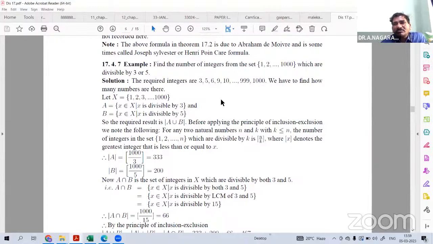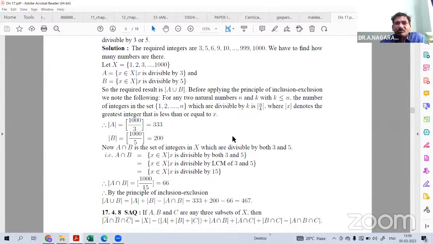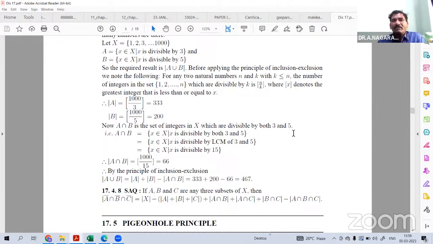So here X equals the set of elements of 1000, and I am taking A equal to the set of X belonging to capital X such that X is divisible by 3, and B is X belonging to capital X such that X is divisible by 5. So the required result is the count of A union B, before applying the principle of inclusion and exclusion.